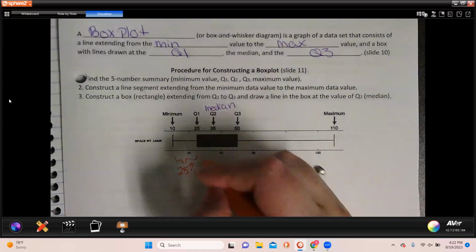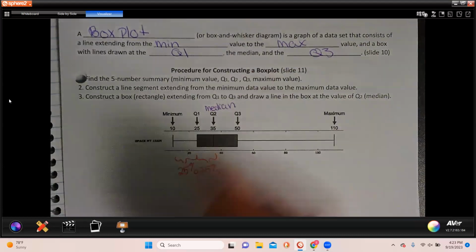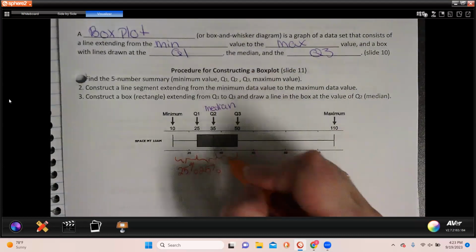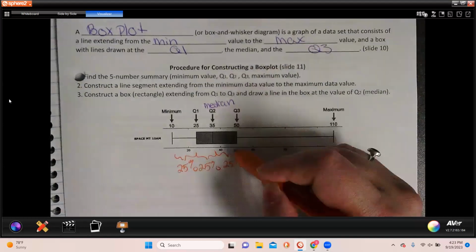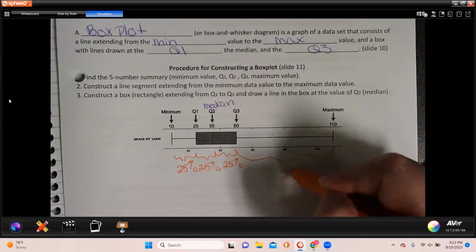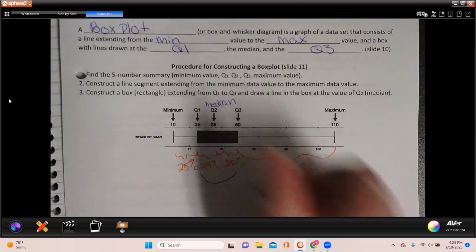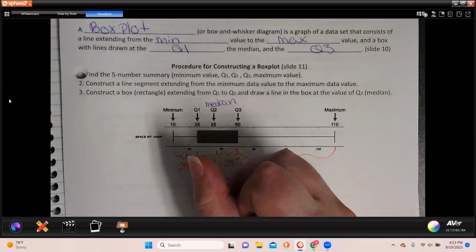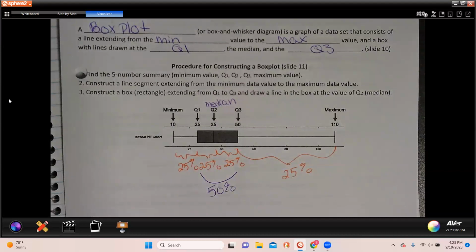From Q1 to Q2, that's another 25%. From Q2 to Q3, that's another 25%. And then from Q3 to the maximum is the last 25%. So if they ask what percent of the data is from Q1 to Q3, those are two 25%, which makes a total of 50%. 50% of the data is from Q1 to Q3.